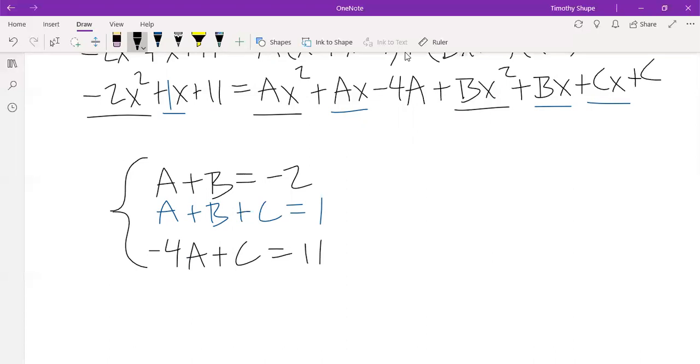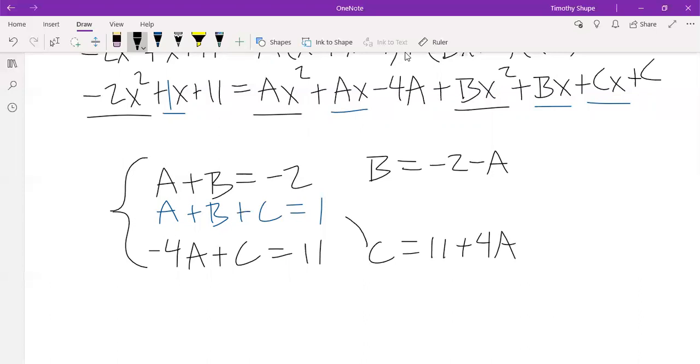Now, what I probably want to do with this one is I'm going to take the top equation and solve it for B. I'm going to take the bottom equation and solve it for C, and I'm going to plug both of those into the middle equation. So if I rewrite this top equation, that's going to be B equals -2 minus A. The bottom equation would be C equals 11 plus 4A.